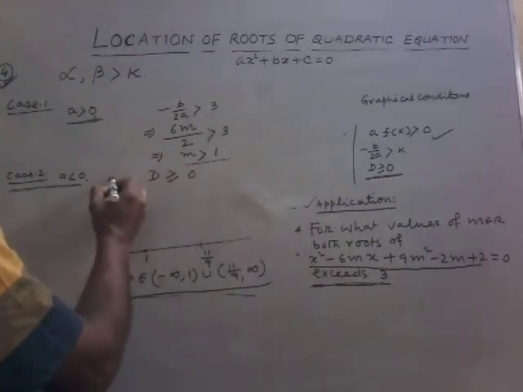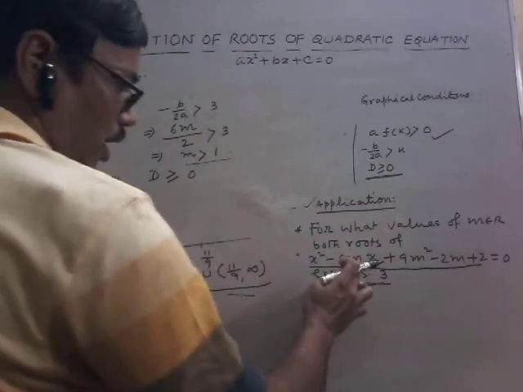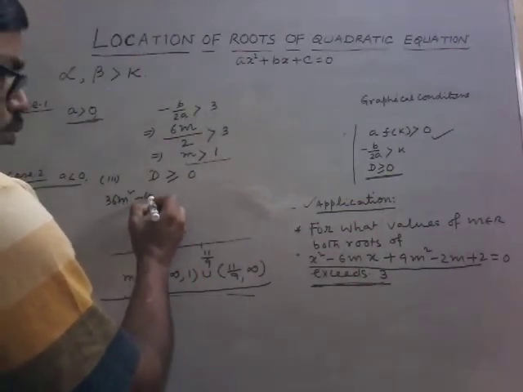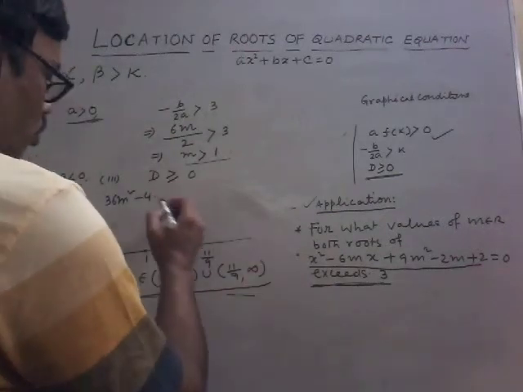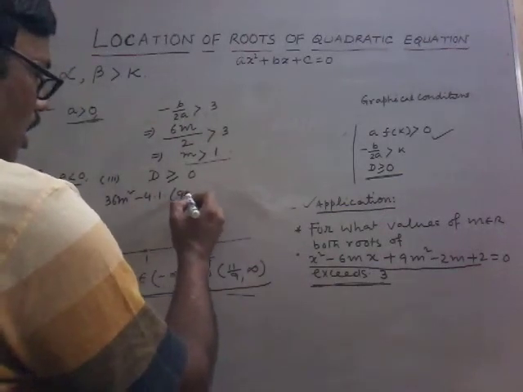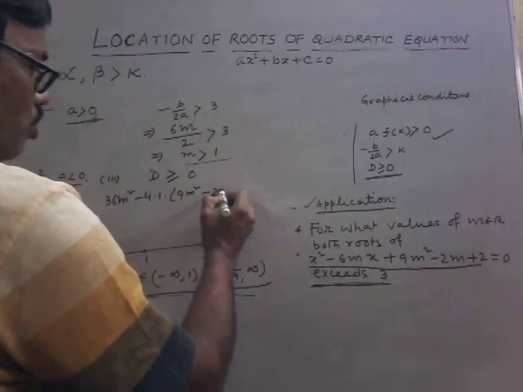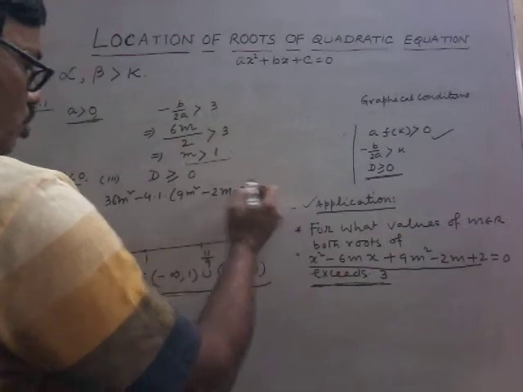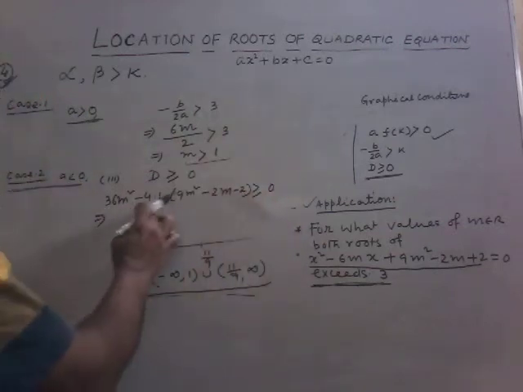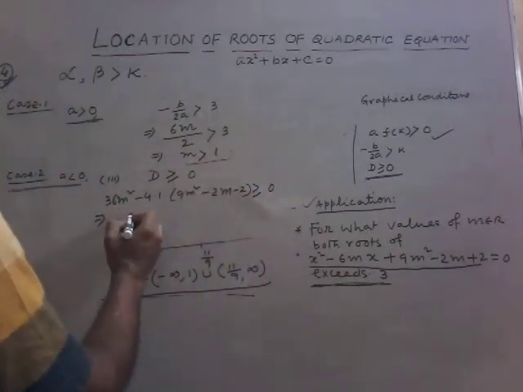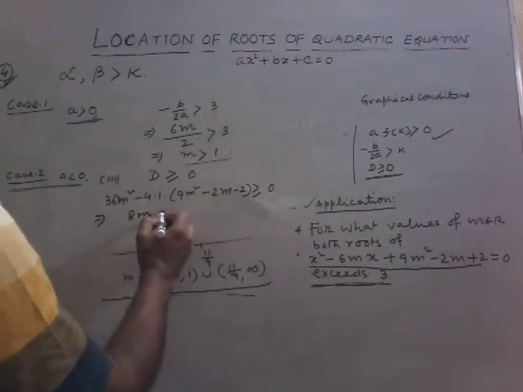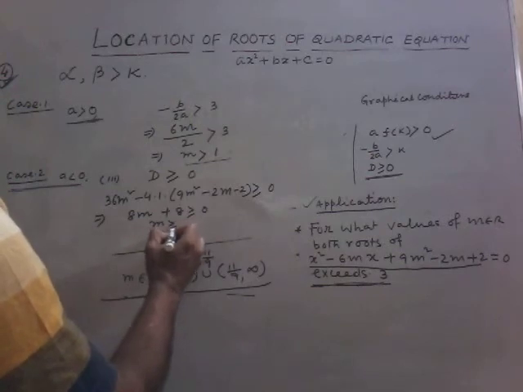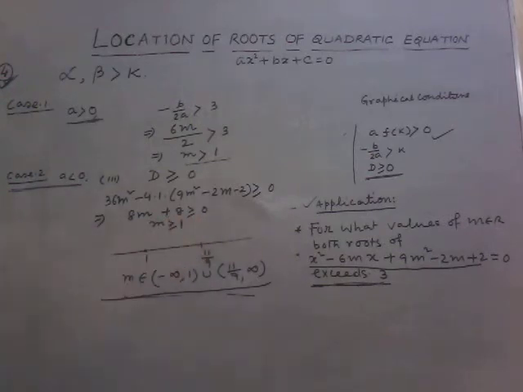What is D? B square, so 36m square minus 4 into 1 into (9m square minus 2m plus 2) greater than or equal to 0. So 36m square cancels, and 8m minus 8 greater than or equal to 0. So m greater than or equal to 1.